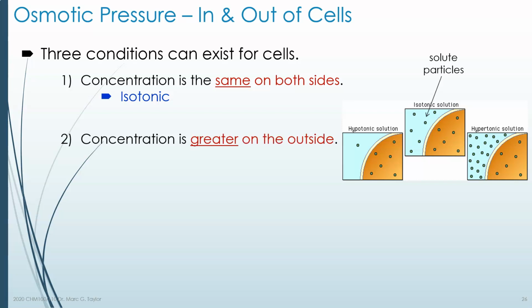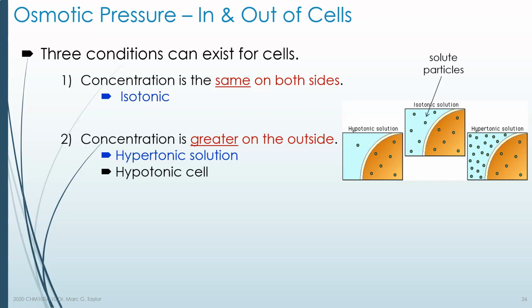But you can also take cells and put them in a situation where the outside of the cell, and this is the diagram on the right, the outside of the cell has higher concentrations of sugar or salt or whatever, and as a result, the solution is hypertonic or higher concentration, and the cell relative to that solution is hypotonic or lower in concentration.